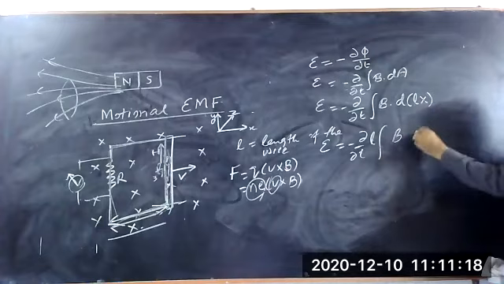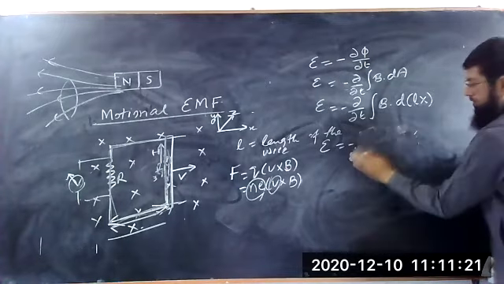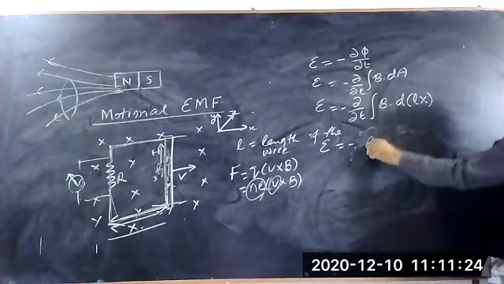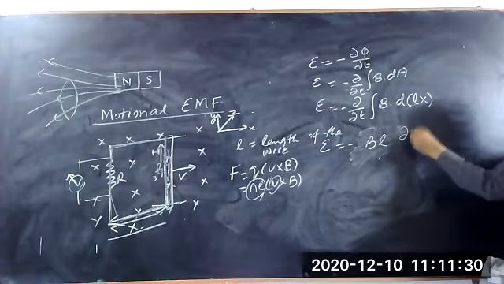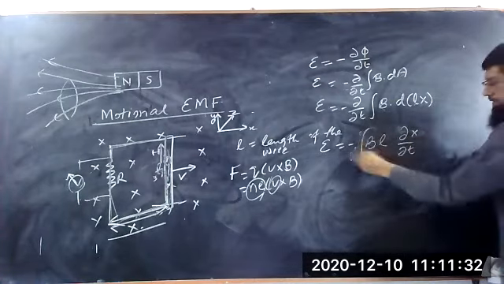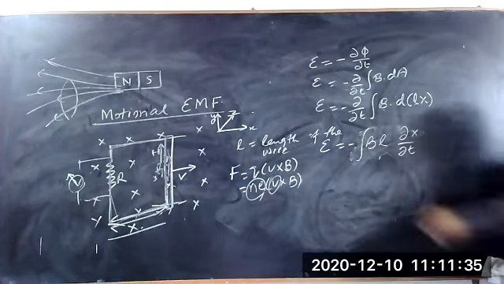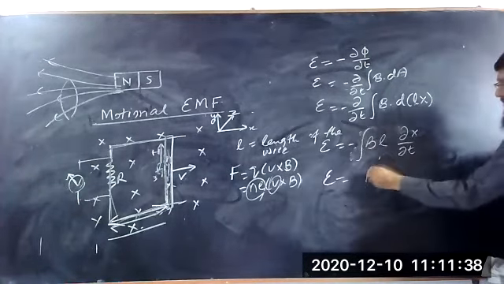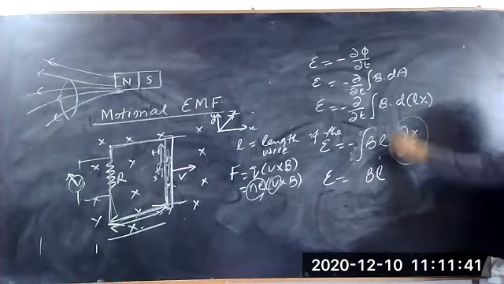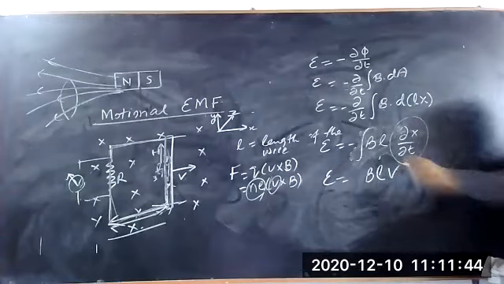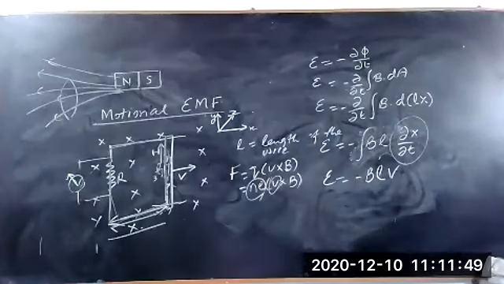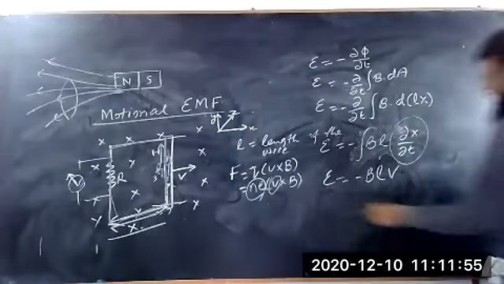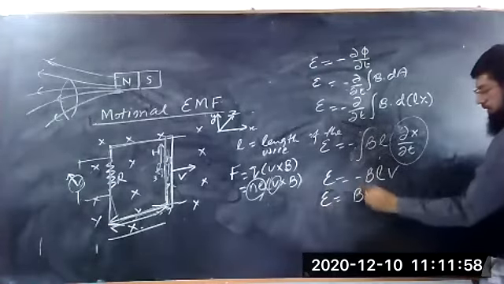It is equal to B L times the integral of dx. So EMF E is equal to B L dx over dt, and dx over dt is the velocity, meaning distance changes with time. So here the EMF is equal to B v L.